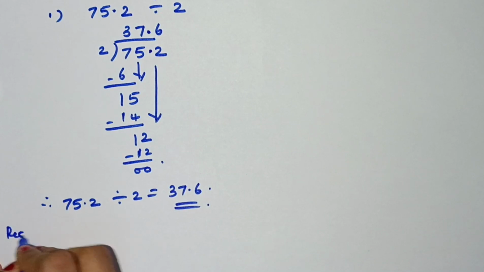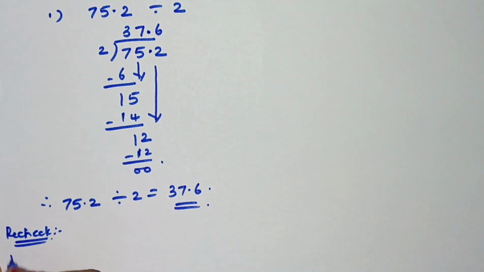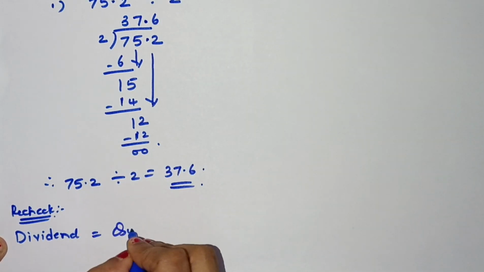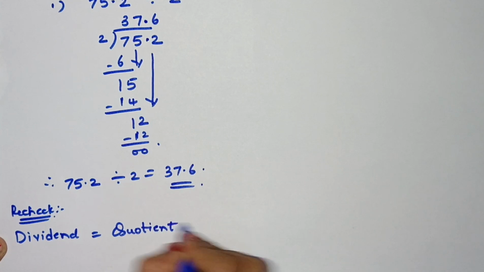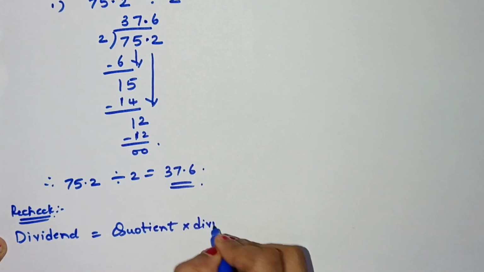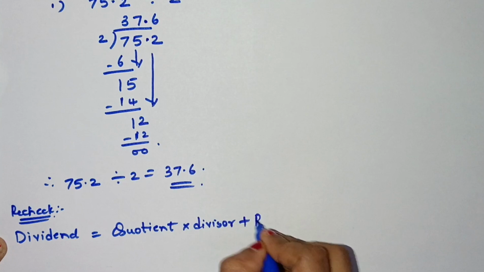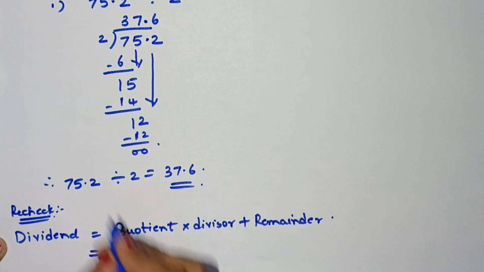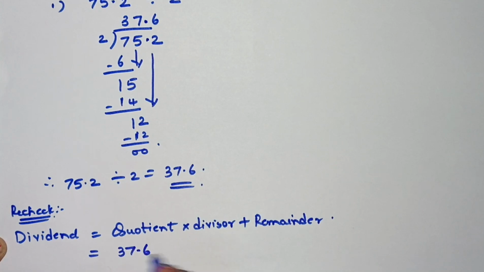As I said, you can recheck your answer. There is one formula. What is the formula? Dividend is equal to quotient into divisor plus remainder. Now let's see quotient. What you got? 37.6.